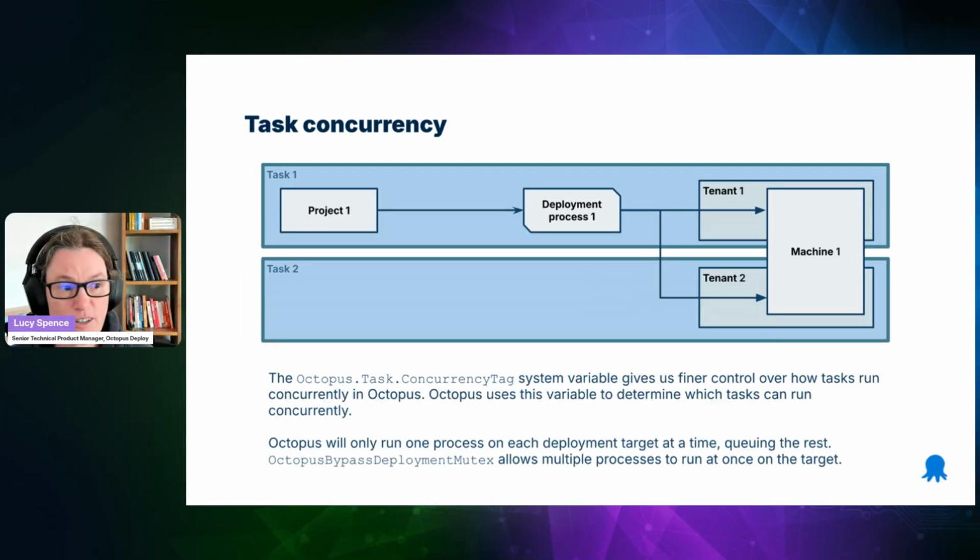So we have to assume that if you try and run the same processes, it might be trying to access the same part of the file system, and we want to avoid locks. So it is set to execute 1 process at a time per machine. And if you want to get increased concurrency on that machine, because you know that your deployment process is safe, there is a mutex bypass tag that you can use.